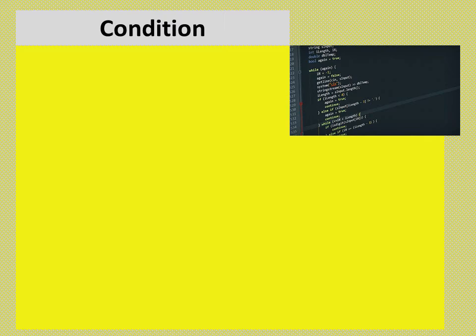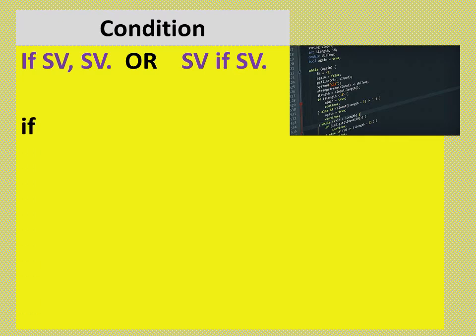And we don't have any conditional coordinating conjunctions. But if we remember our formula, if subject verb, comma subject verb, or subject verb if subject verb, we see the word if. And this one is the most common subordinating conjunction for a conditional. And you can see that there's some code written in the picture.